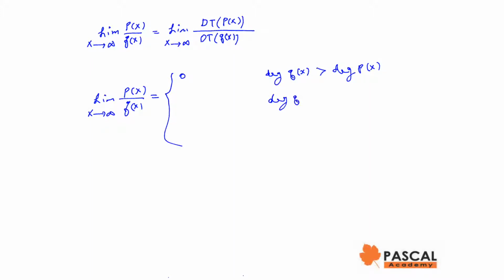When the degree of q of x and degree of p of x are the same, we have the ratio of the leading coefficients of each polynomial, and if the degree of q of x is less than the degree of p of x, then the limit would be infinity.